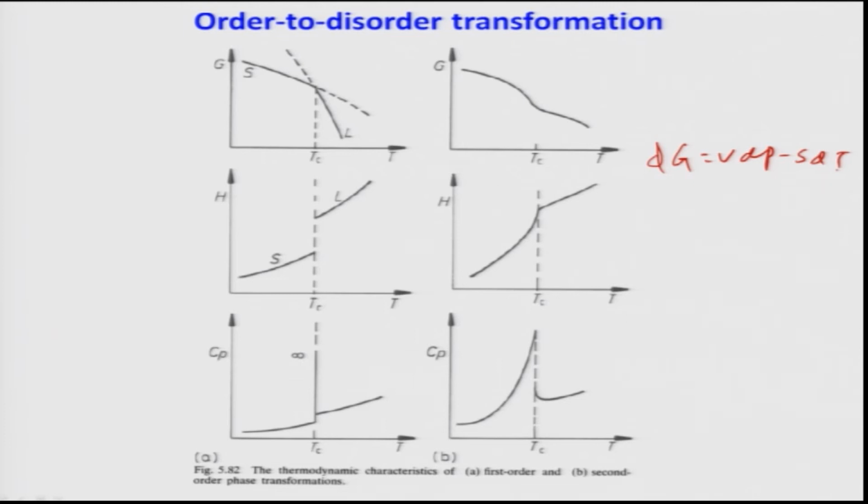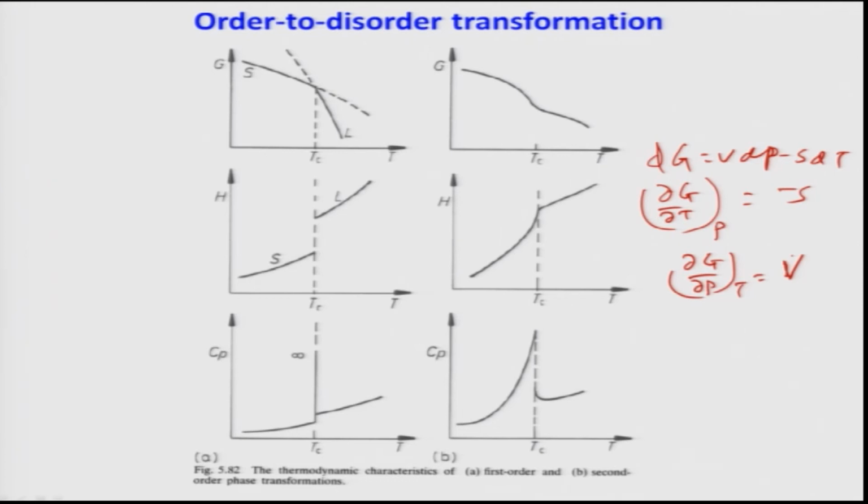The total differential of free energy can be written as V dP minus S dT, where V is the volume, P is the pressure, S is the entropy, and T is the temperature. Now, I can write the differential forms: del G by del T is minus S at constant pressure, and del G by del P at constant temperature is the volume. These are the first order derivatives of the free energy with respect to temperature and pressure.